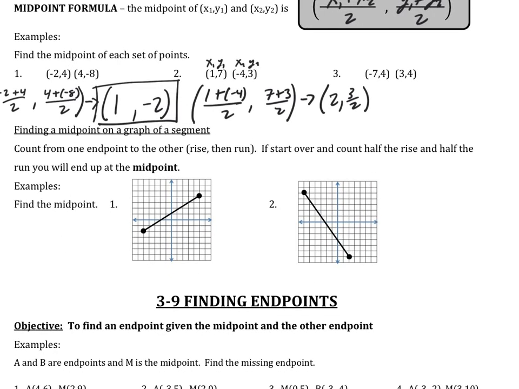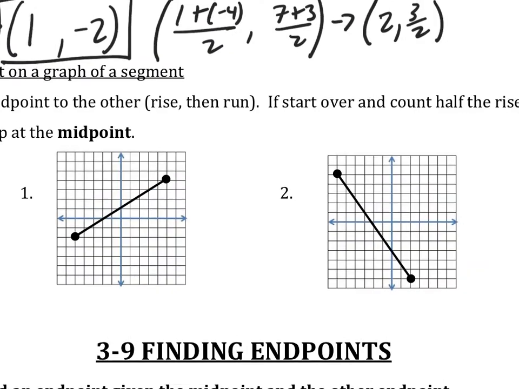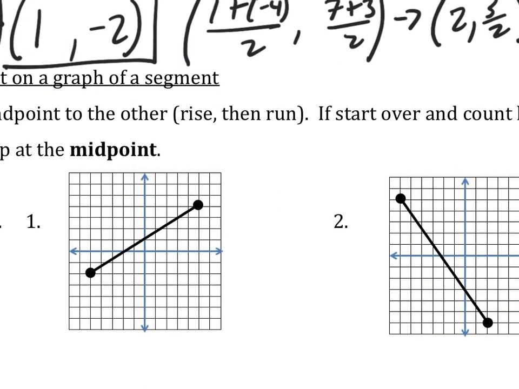Now you can also do this by using a graph. We drew out our little triangle before and looked at the midpoint in that way. It's because the midpoint is the combination of the midpoint of the vertical and the horizontal pieces if we made a triangle.